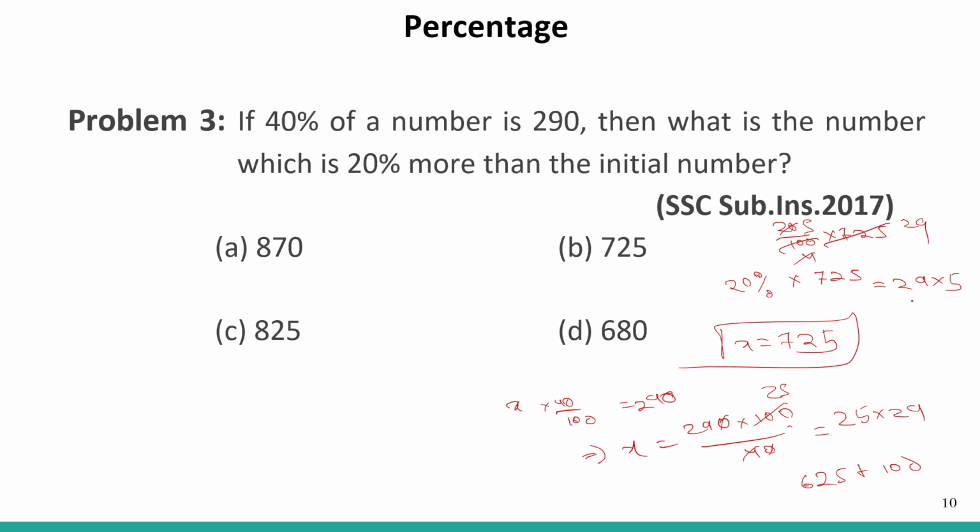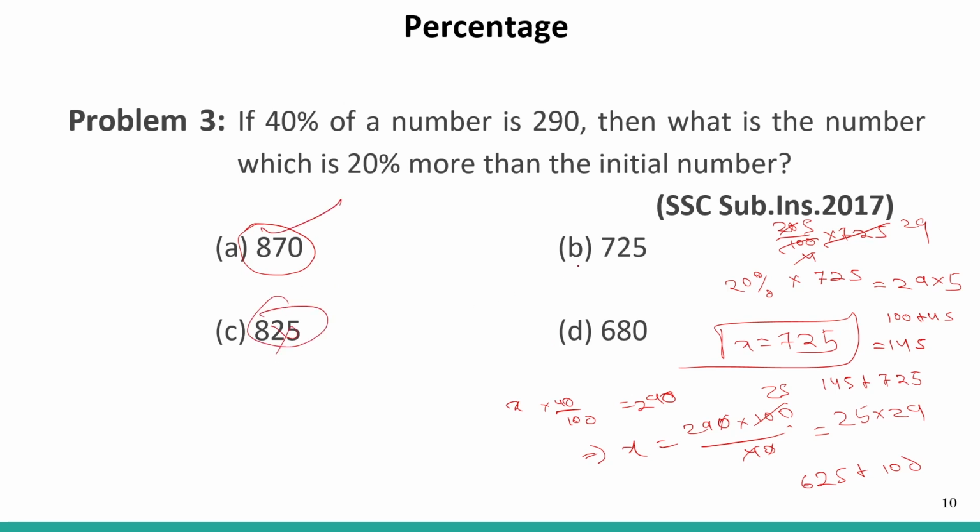So 29 into 5 is equal to what? 100 plus 45 is equal to 145. So 145 plus 725: 25 plus 5 is equal to 30, 70, 770, 870. So 870 here is the correct answer.